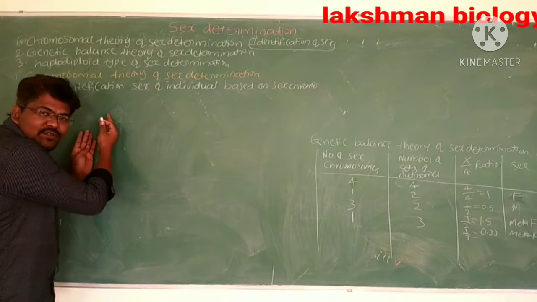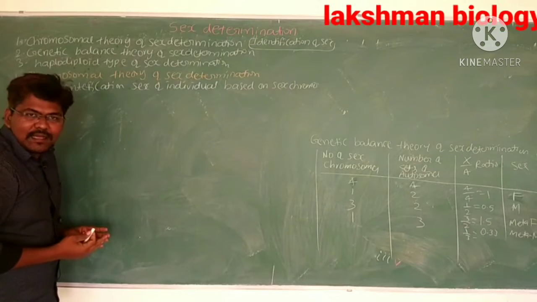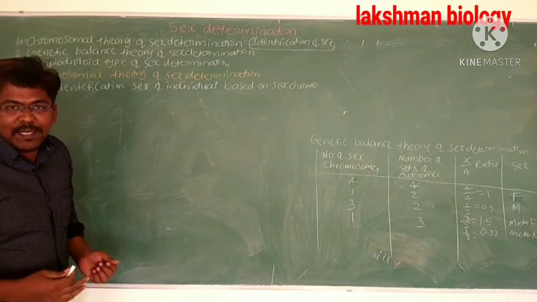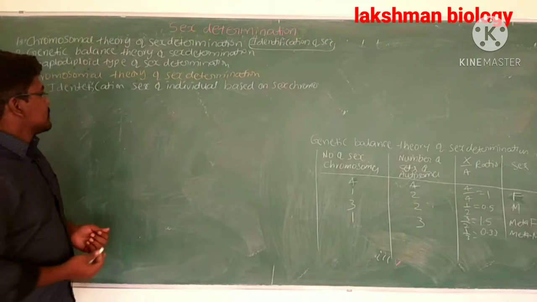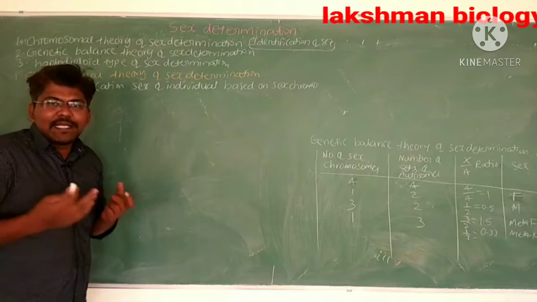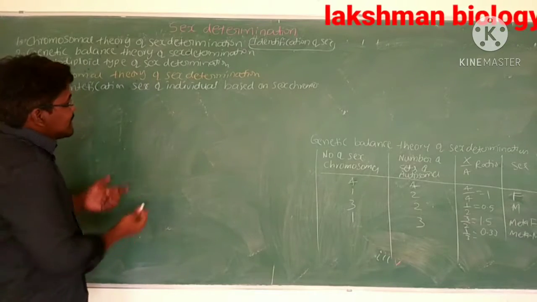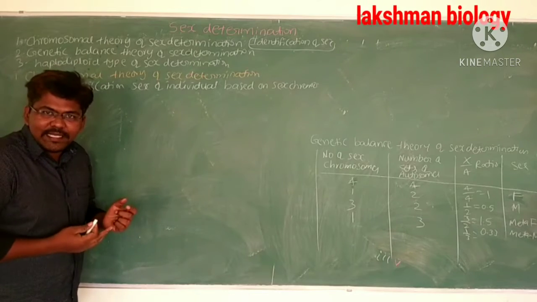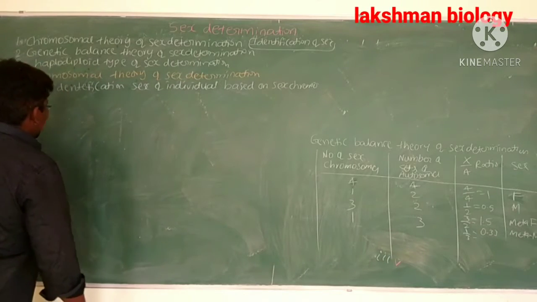what is a sex chromosome and what is an autosome. What are the different types of chromosomes present in organisms? When you understand the complete details of chromosomes, then only can we understand the chromosomal theory of sex determination. Okay.